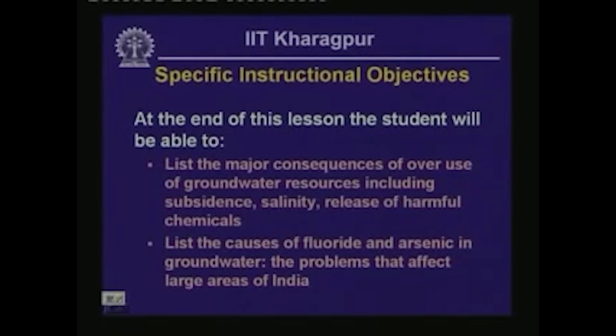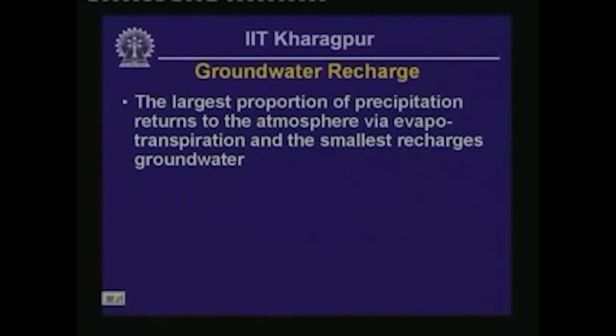These are some of the major problems that engineers are encountering in recent years in connection with water supply in various areas of our country. Okay, so those are the objectives, and now we head on with the actual subject.